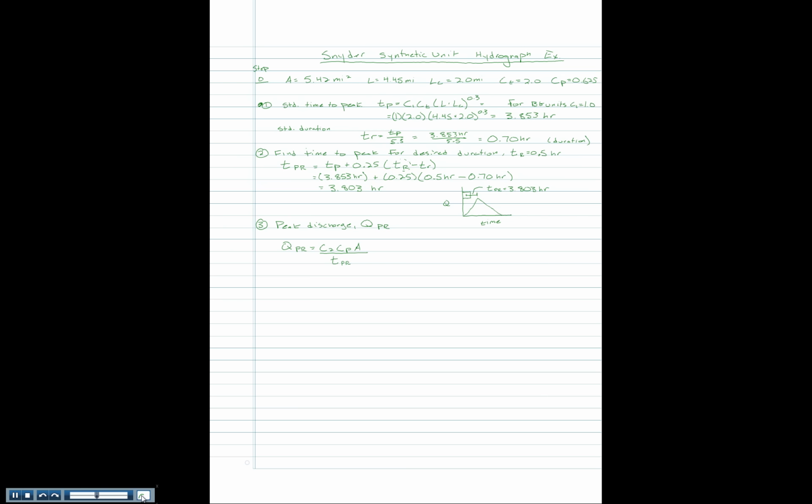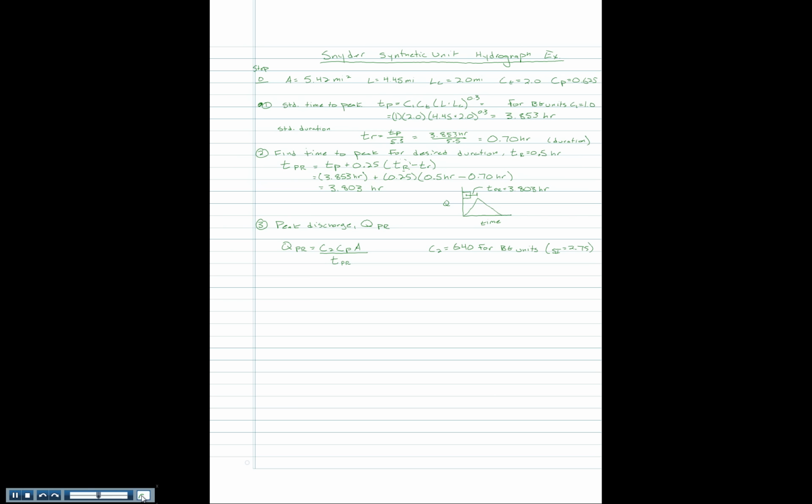Again, because of the units that we've got, we are given that C2 is 640 for BG units. Had we been working in SI, it would be 2.75.